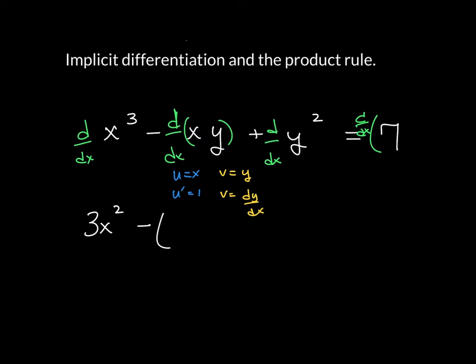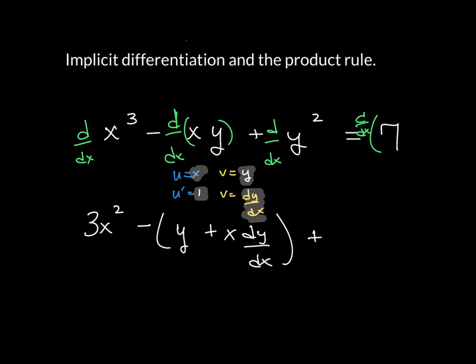So inside here, I am left with the derivative of u, so that is y, and then I add that to the next two, which is x times dy dx. And that's the product rule using implicit differentiation.